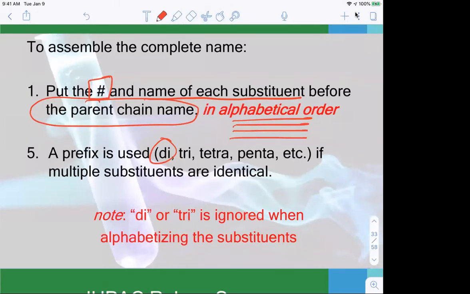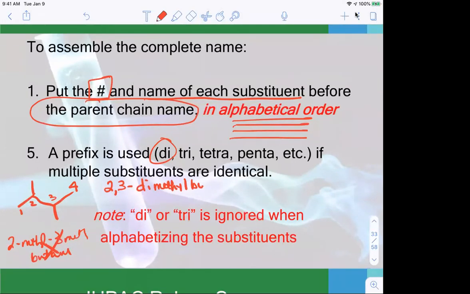If I had this, I would have 1, 2, 3, 4. I'm not going to say 2-methyl, 3-methylbutane, right? I'm going to say 2,3-dimethylbutane.